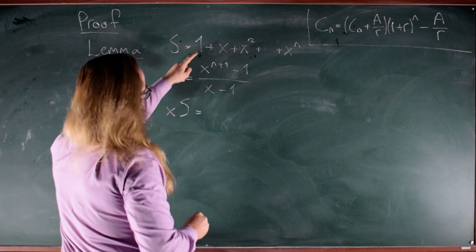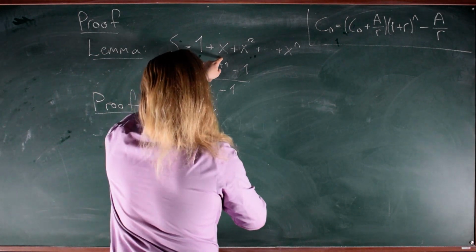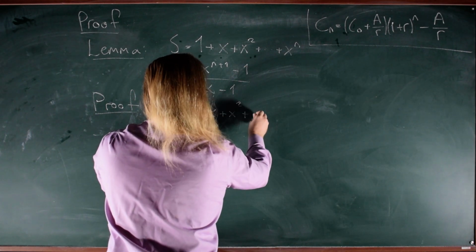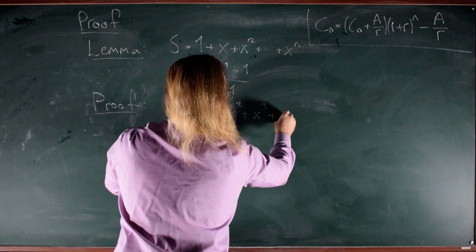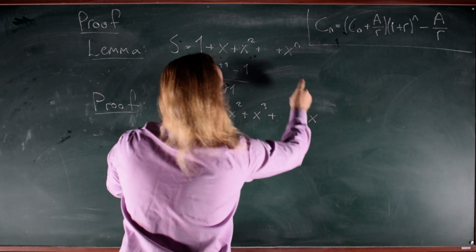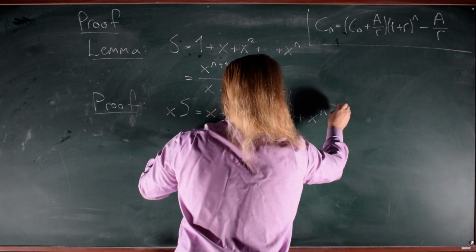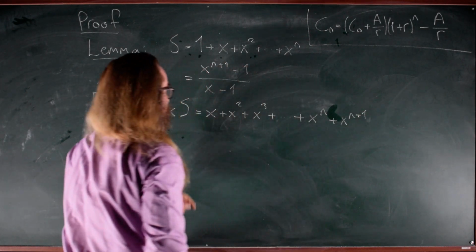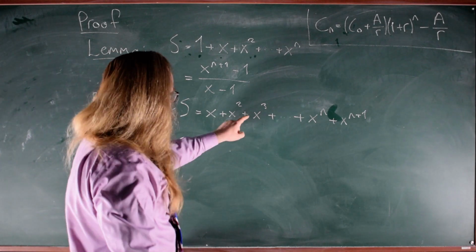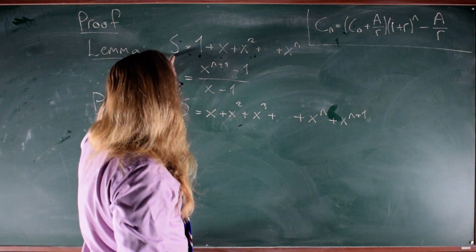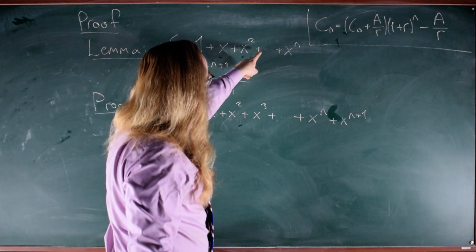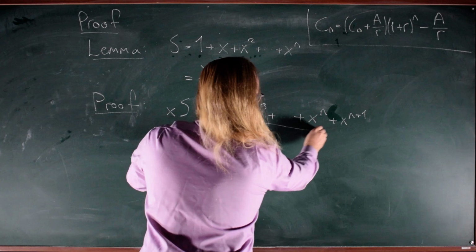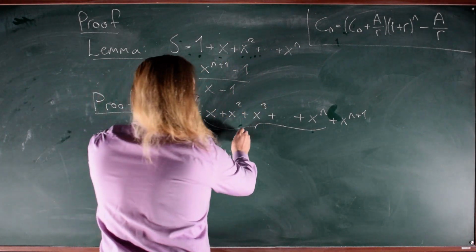Well, 1 times x is just x. x times x is x squared. x squared times x is x cubed, and so on, up to x to the power of n, and then x to the power of n plus 1. But if you look closely, this is almost exactly the same as s, because we have x squared, x cubed, all the way up to x to the n. So this whole thing here is part of s.